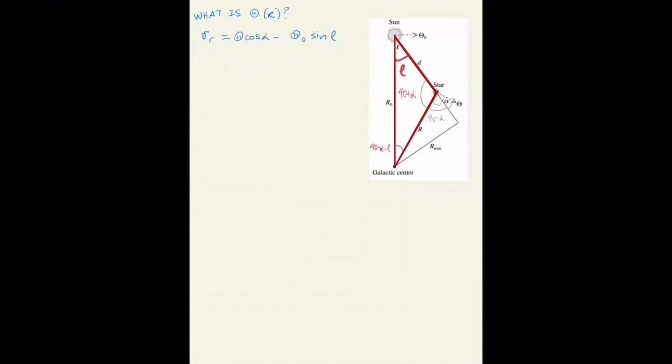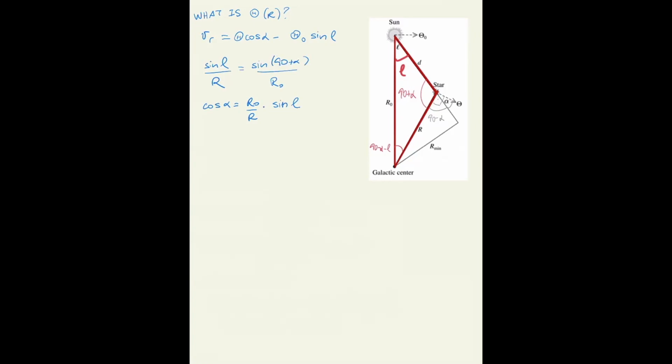If we apply the law of sines for this triangle, then we have sine L over R, where R here is the radius, equal to sine of 90 plus alpha over R naught. And thus we find an equation for cosine alpha.